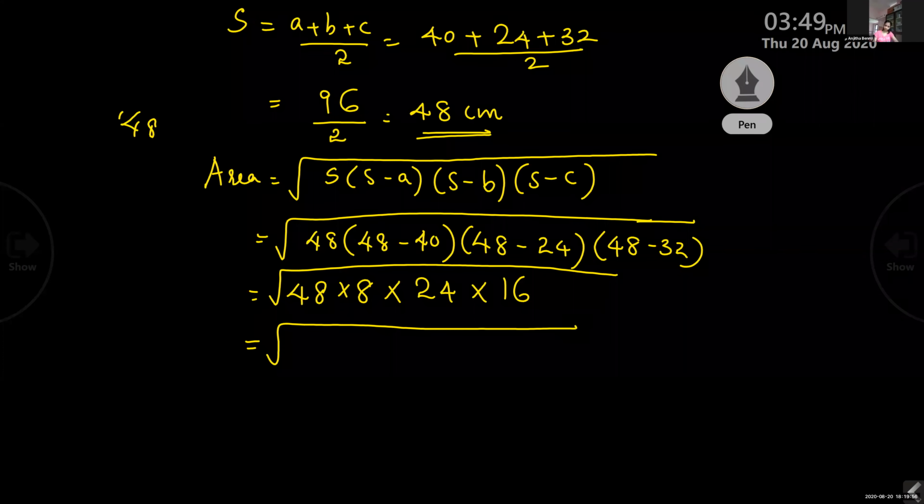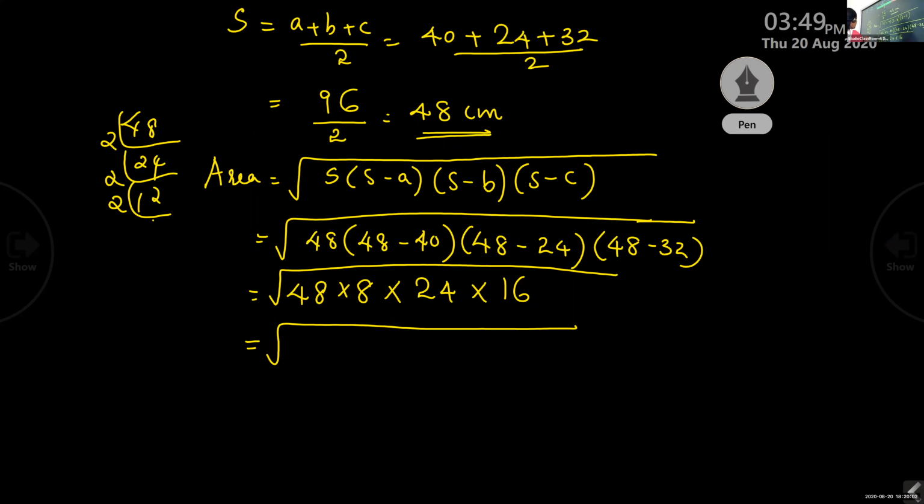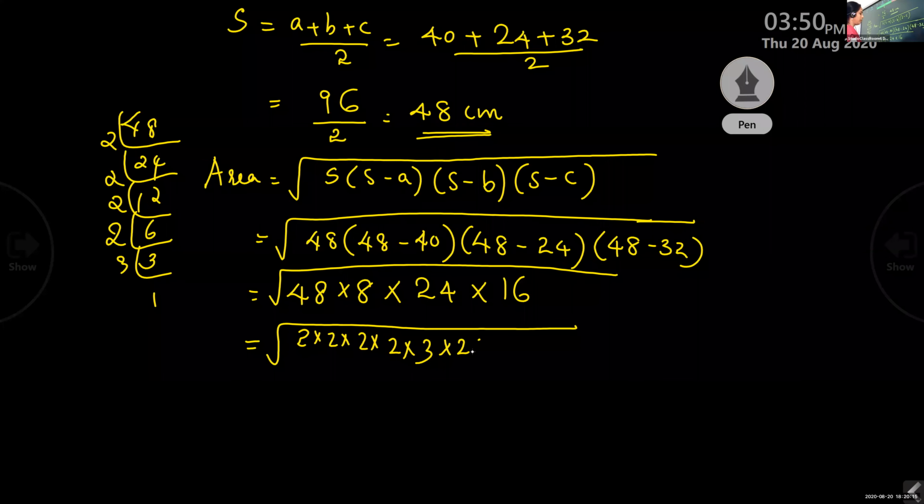Now, if you want, you do the prime factorization of 48: 24, 2, 12, 2, 6, 2, 3. So 2 into 2 into 2 into 2 into 3. And 8 is 2 into 2 into 2.